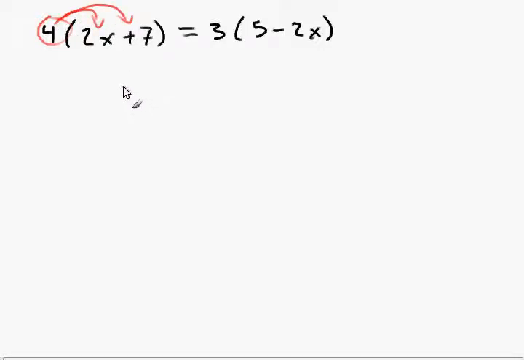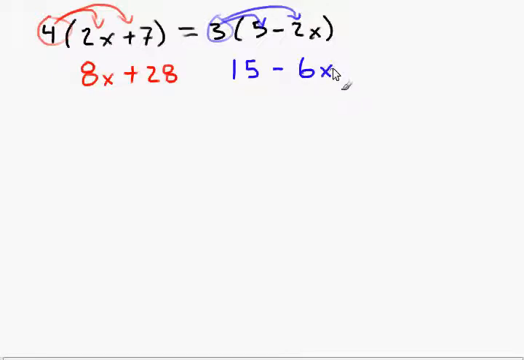Since we have more than one x, we must distribute. That becomes 8x plus 28. Likewise, on this side, we're going to get 15 minus 6x.